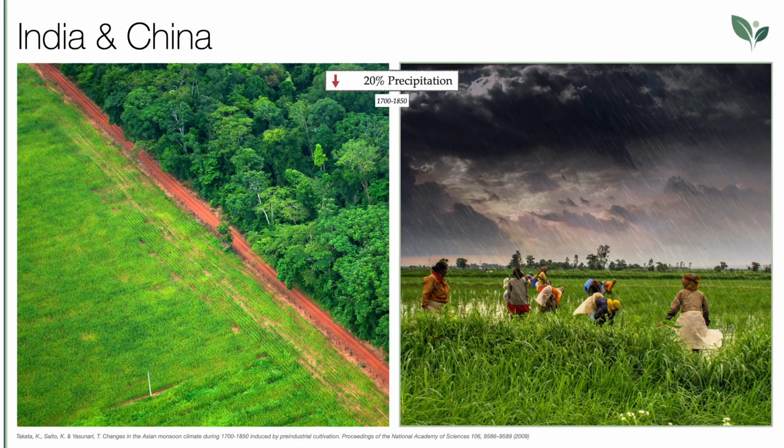Over the period from 700 to 1850, that is before the time of industrialization, the precipitation of the summer monsoon in India and southeast China fell by 20% due to changes in land use, above all deforestation. This is an enormously high value if we look at this period of time, because until 1850, compared to what happened after 1900 and 1950, relatively little changed.